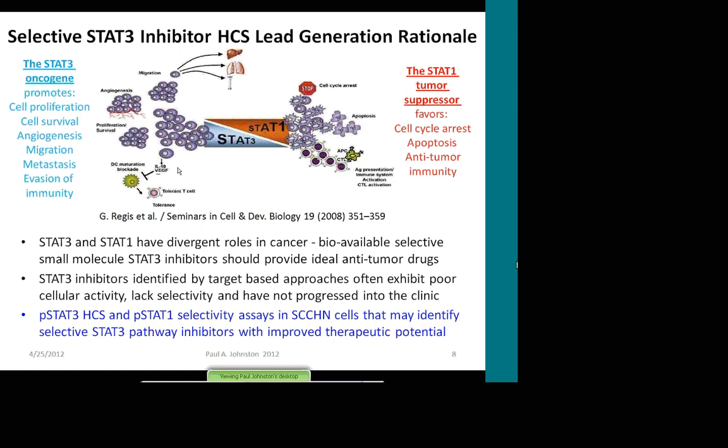So our strategy was to develop a STAT3 high-content primary screening assay, and incorporate into that testing paradigm a phospho-STAT1 selectivity assay in the same head and neck cells. By using those two assays, we can identify selective STAT3 pathway inhibitors that might have improved therapeutic potential.